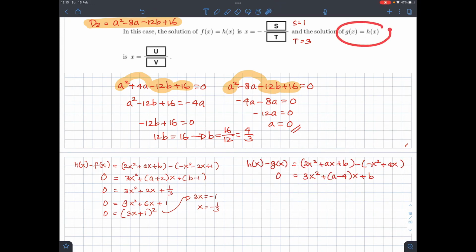Because they ask you to find gx equals hx, it means this becomes 0, right? And you just put the value of a here and b here.